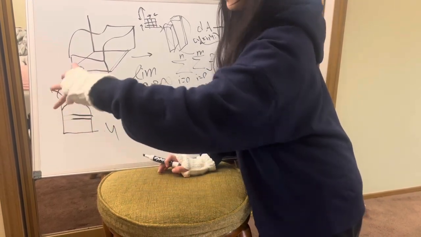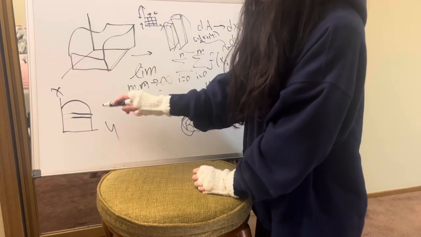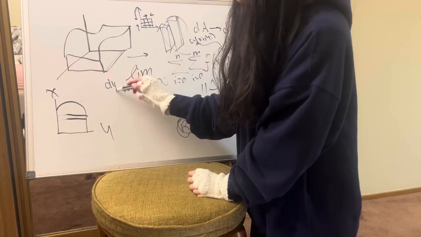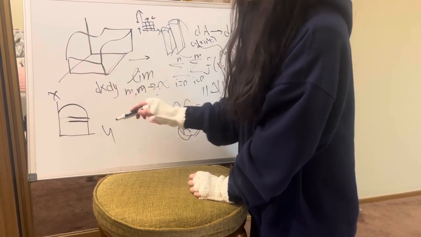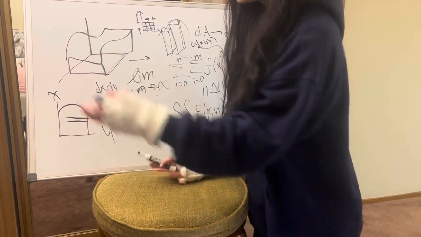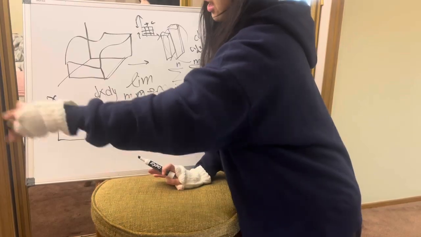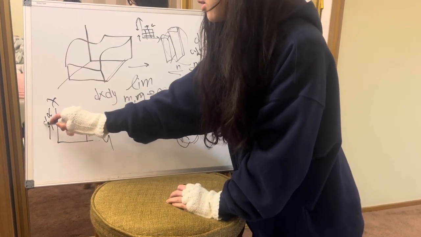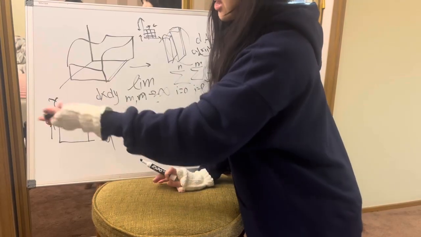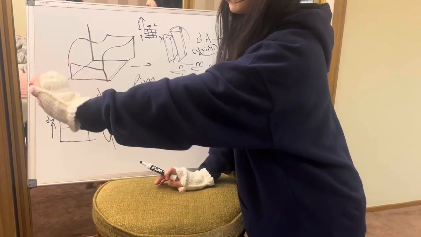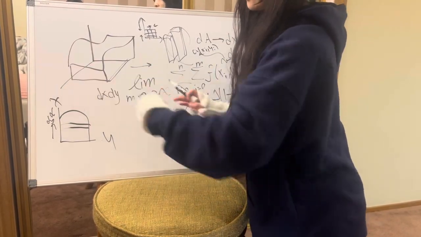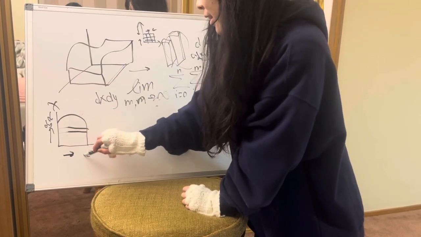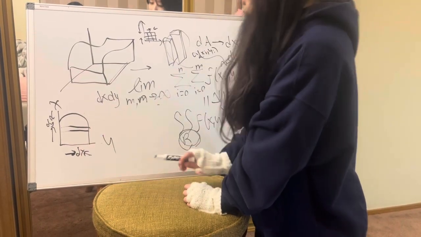If it's horizontally simple, it'll have dy on the outside and dx on the inside, because you're going to be slicing it like this. And for each slice, which is dy, you then go along the x and go dx like this.